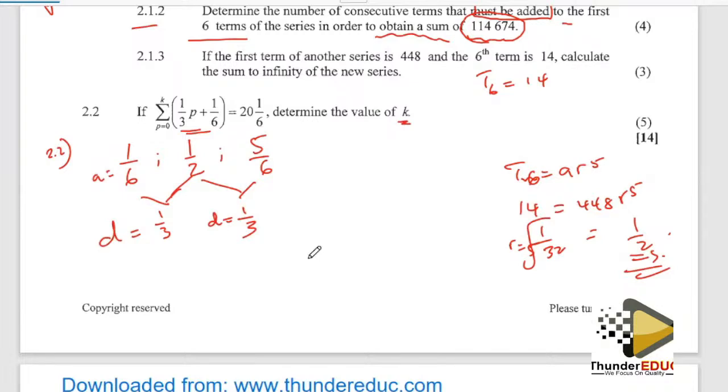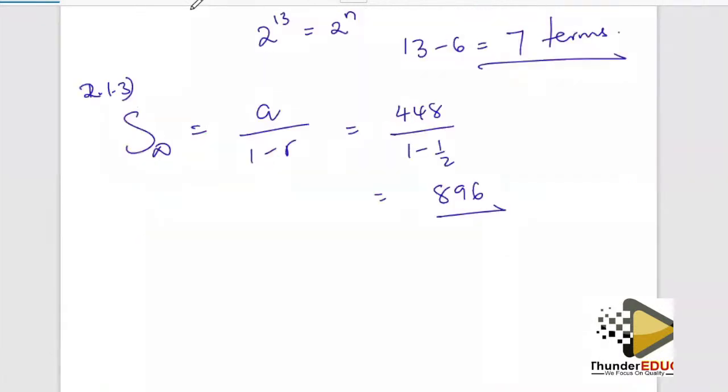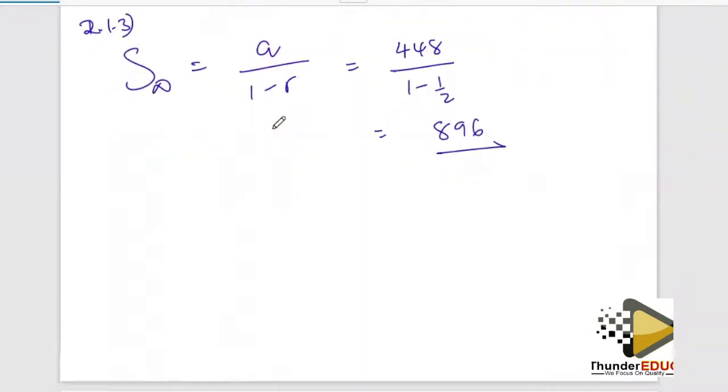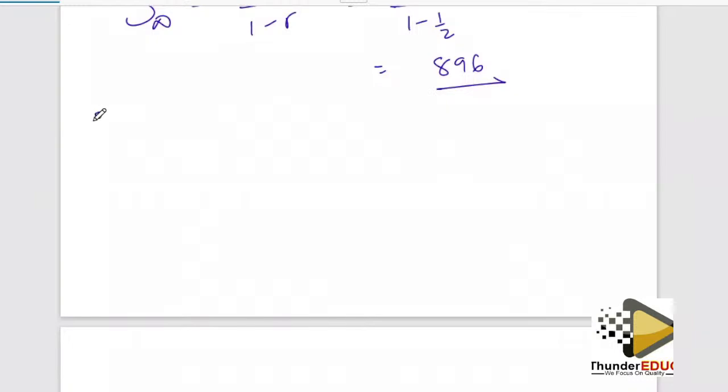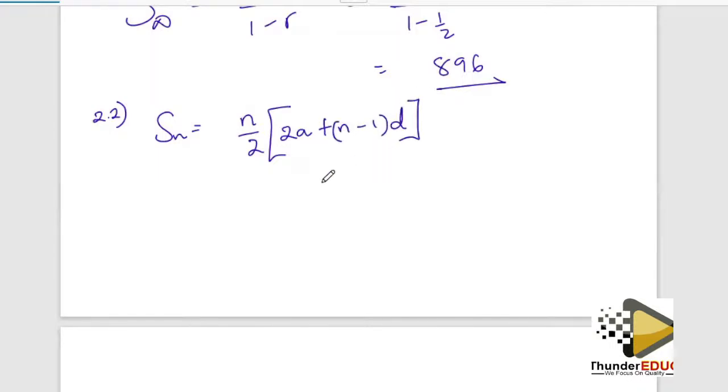Now, since I know that it is an arithmetic, I need to use the formula for the sum of an arithmetic, which is Sn is equal to n over 2 into 2a plus n minus 1 into d.